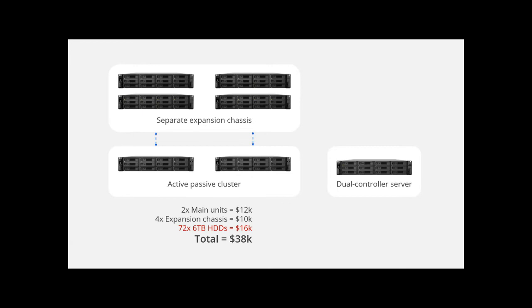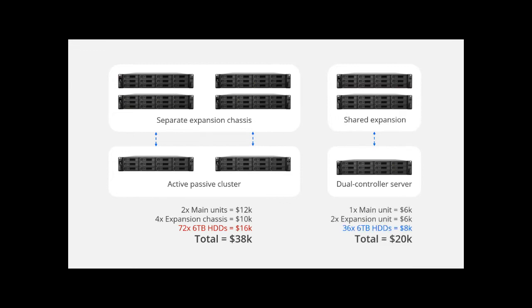However, by utilizing a dual controller unit, we don't need to double up on expansions, as those are shared by the head unit. That halves our drive cost directly, making for an overall less expensive solution that solves the same problem. Of course, on the left-hand side, there are merits for going that way, and on the right-hand side, there are merits for going this way. But if you're deciding between these two and looking at products of this caliber, it might make more sense to go with the right-hand side and save a bit of money.